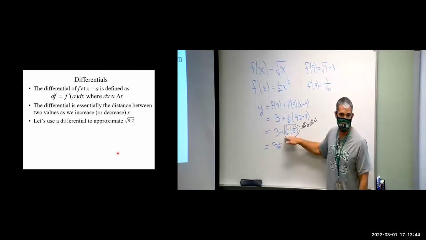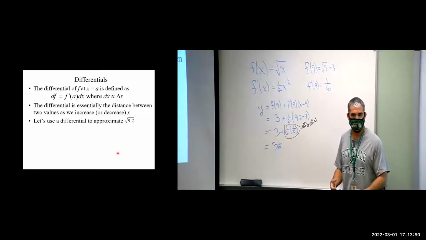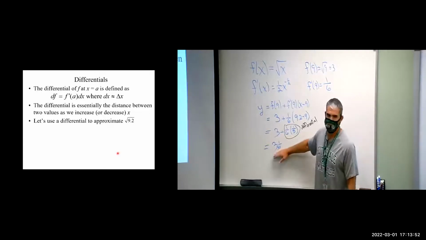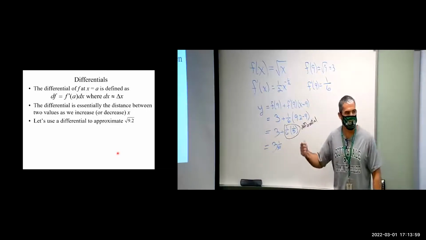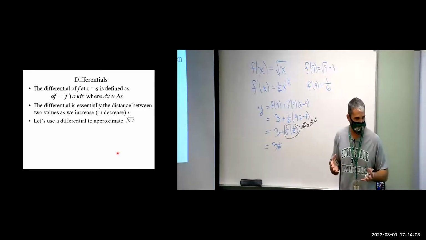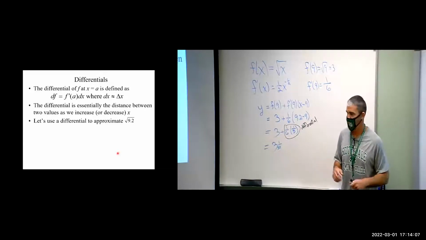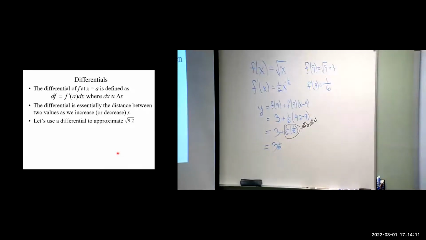That's what the differential says. It looks at the change in output only, whereas the tangent line says the output is 3 1/30. The differential says our output that was 3 went up by 1/30. So they're very, very closely related. I don't want you to think of them as two separate topics. The differential talks about our expected change in output.